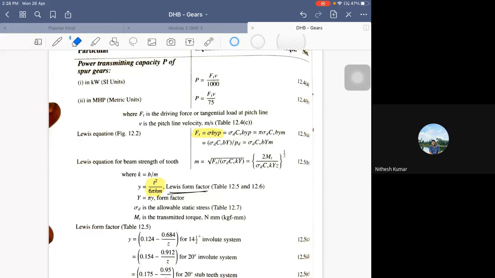Yes, Fawaz? Arvin, Rishikesh, Ashil, Harsha. Yes, sir. How to find out the module now?